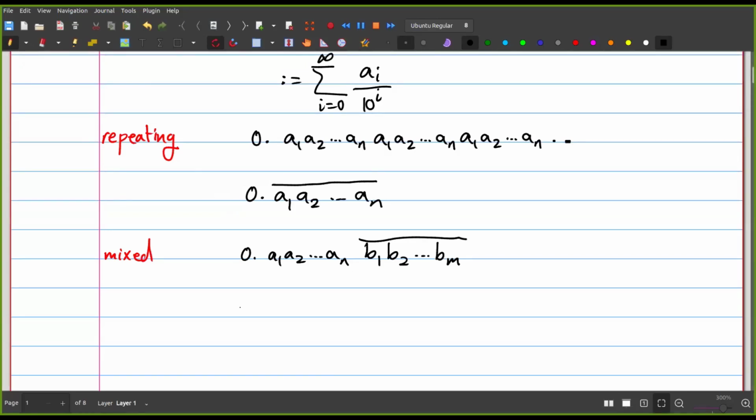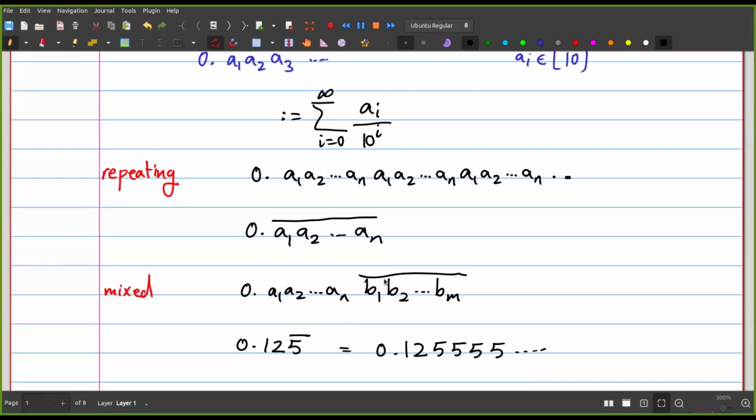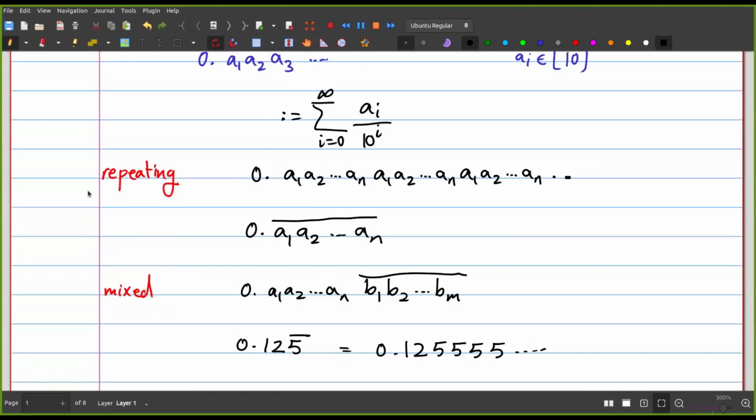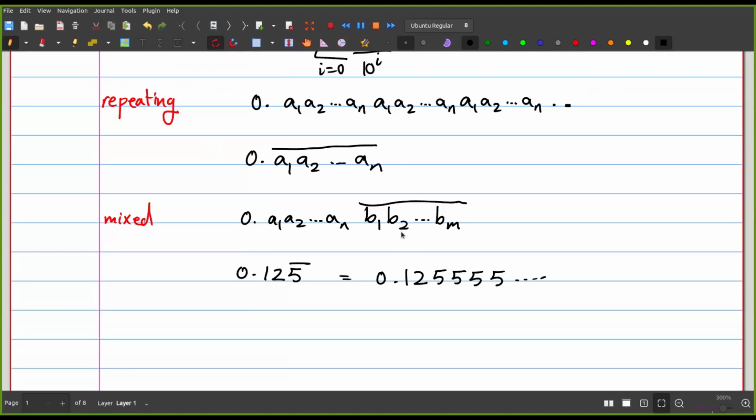So something like this, for example, if I have 0.125 repeating, what this actually means is 0.12 and then 5 forever. Okay, great. But whenever I say that I have a terminating decimal expansion, I just mean this. When I say I have a repeating decimal expansion, I mean both repeating and mixed. So I just use the word repeating for both of these.